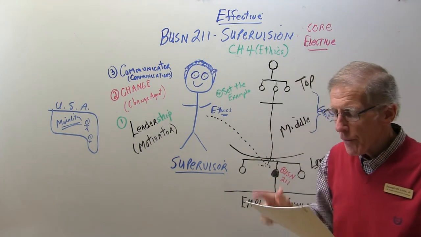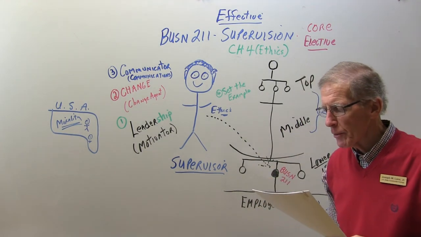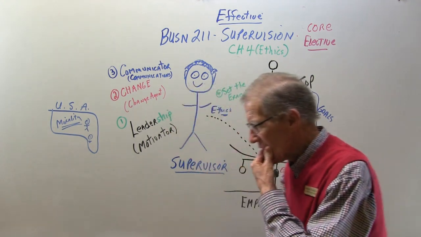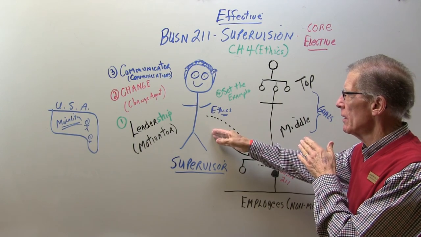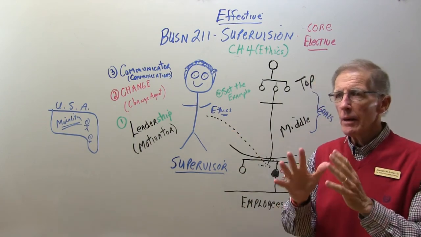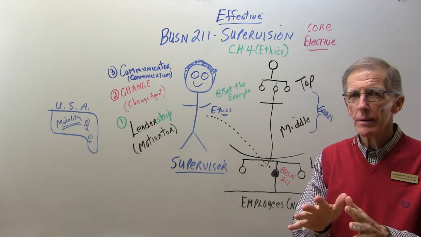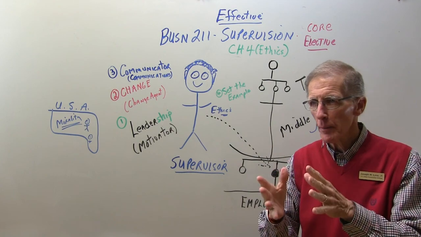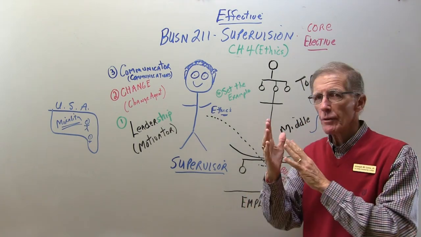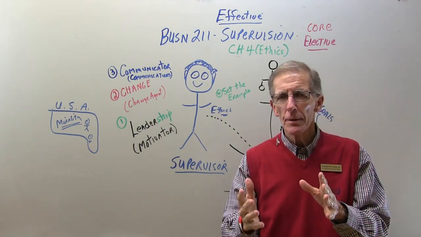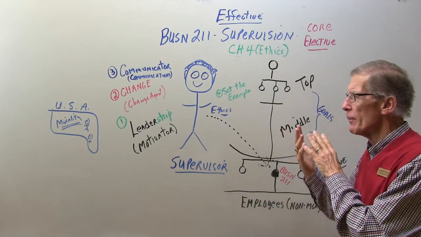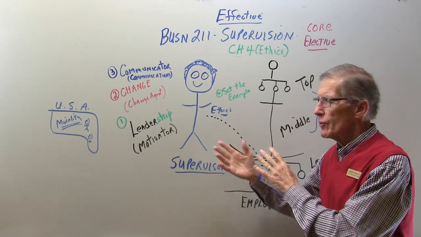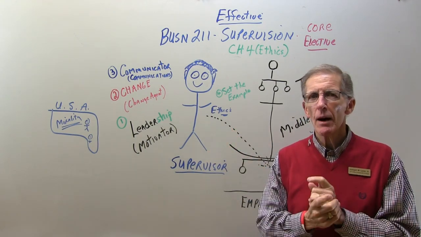Right. The third thing is this. Organizations must support supervisors who make ethically correct decisions. Look, as a supervisor, you expect, if you do things correctly, and honestly, fairly, and equitably, if you're following the policies and procedures of your company, and specifically if you're following the policies and procedures of your company as it relates to ethics, and you make a decision, your company needs to have your back.